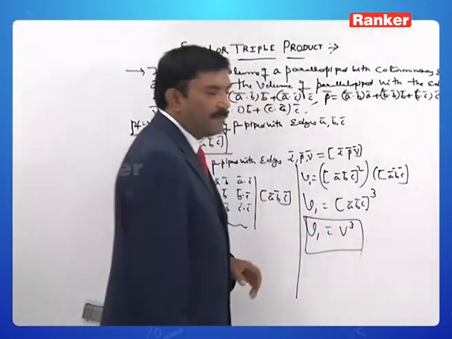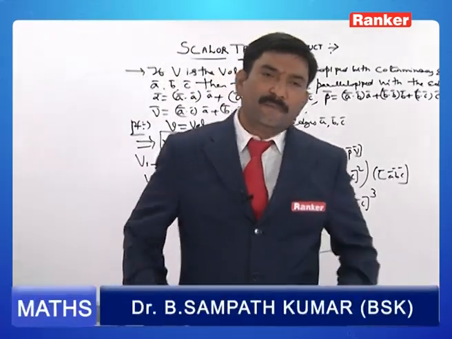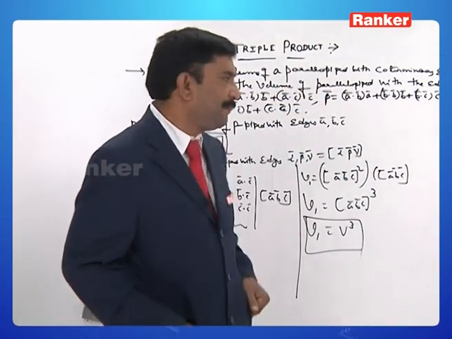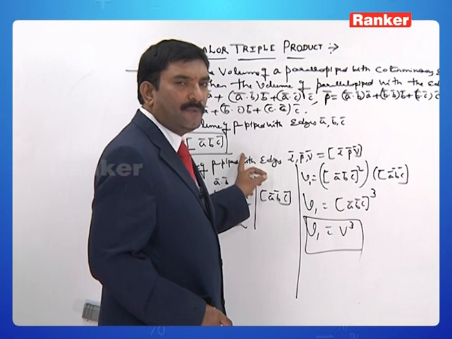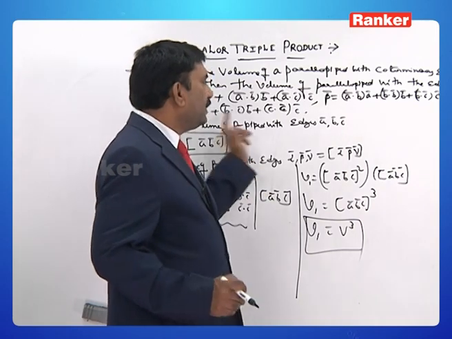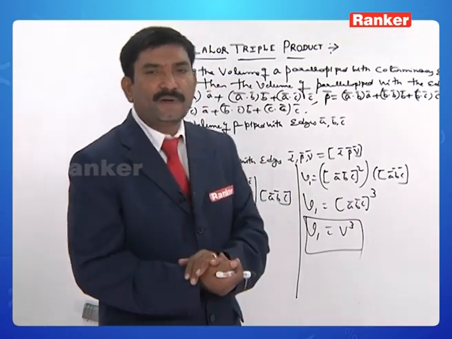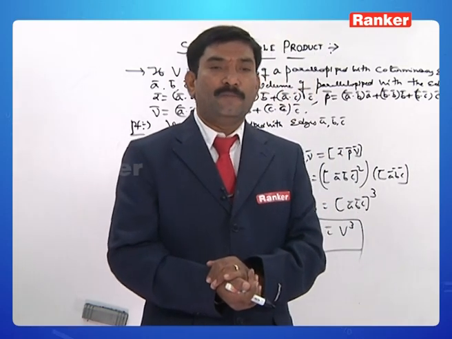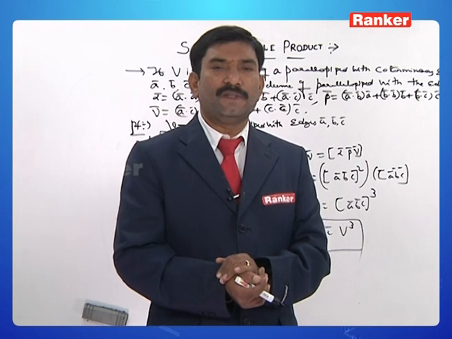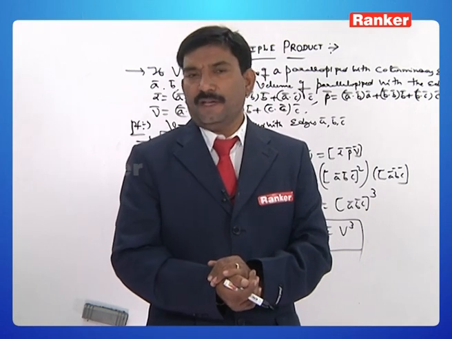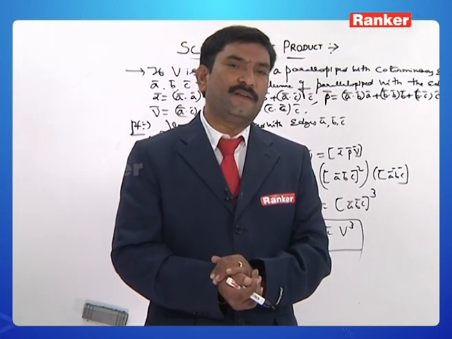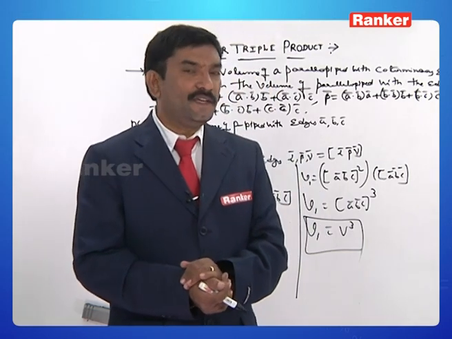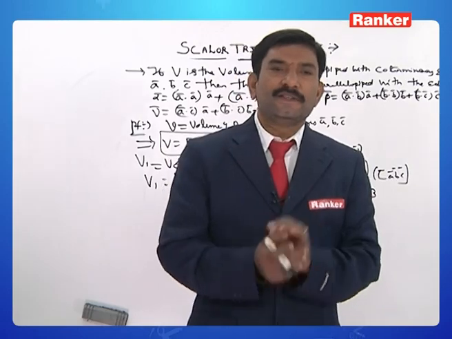This is nothing but the volume of the parallelepiped formed by the vectors alpha bar, beta bar, gamma bar, when they are expressed in terms of A bar, B bar, C bar, under the definition of box of ABC whole square equal to the determinant of A dot A, A dot B, A dot C, B dot A, B dot B, B dot C, C dot A, C dot B, C dot C.